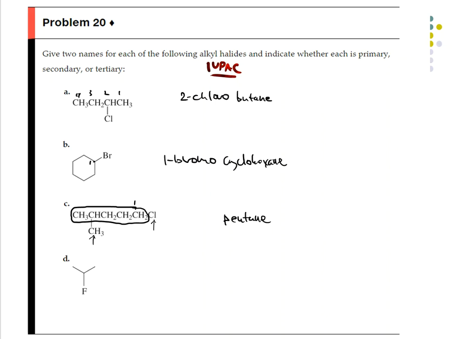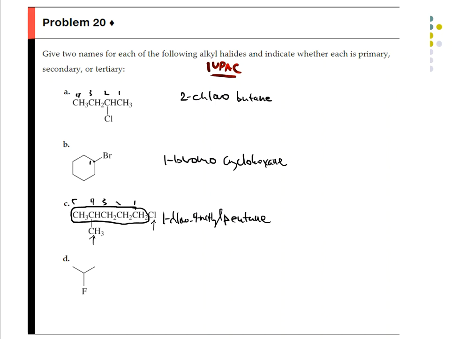So this is going to get carbon number 1, carbon 2, carbon 3, carbon 4, carbon 5. All right, so on carbon 1, I'll have a chloro group, and on carbon 4, I'll have a methyl group. So the name of this structure is 1-chloro-4-methylpentane. And there you go. There's your IUPAC.